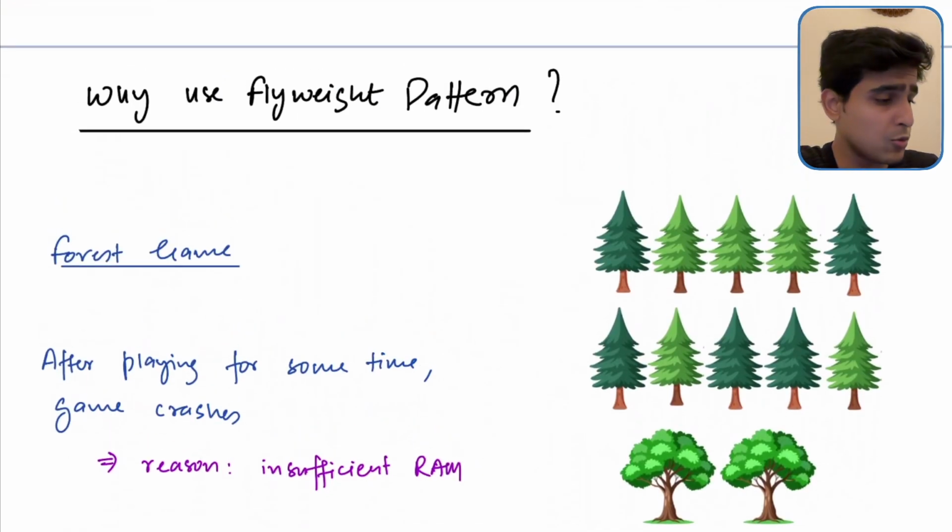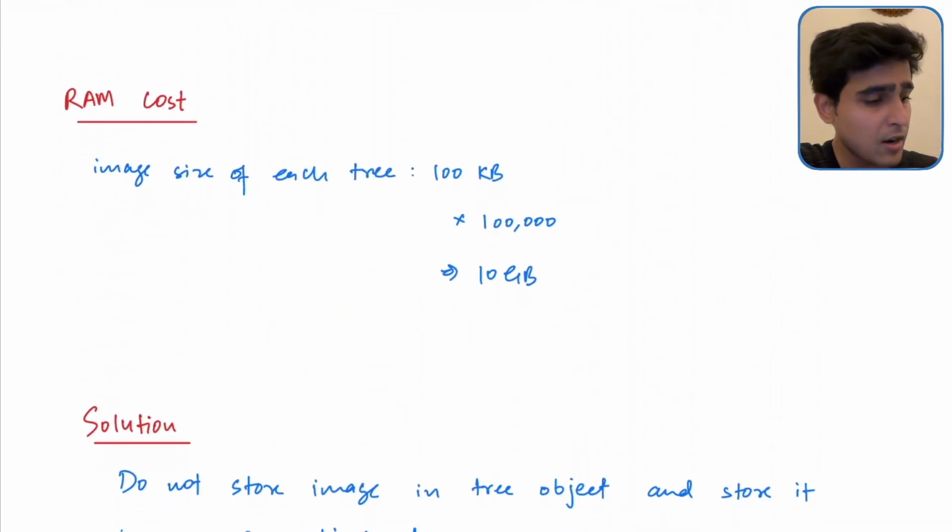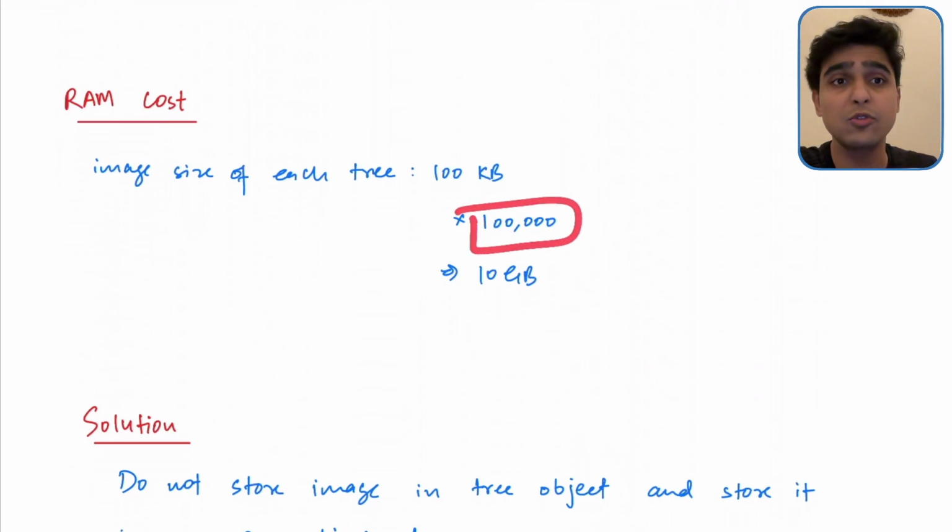One thing which comes to mind is, instead of storing an image in each tree object, since there are a finite number of trees, let's say 20 or 30 different types of trees, when you have 100,000 trees but only 20 unique trees, maybe we can create those 20 unique trees somewhere else, and each tree object stores a reference to the type of tree it has.